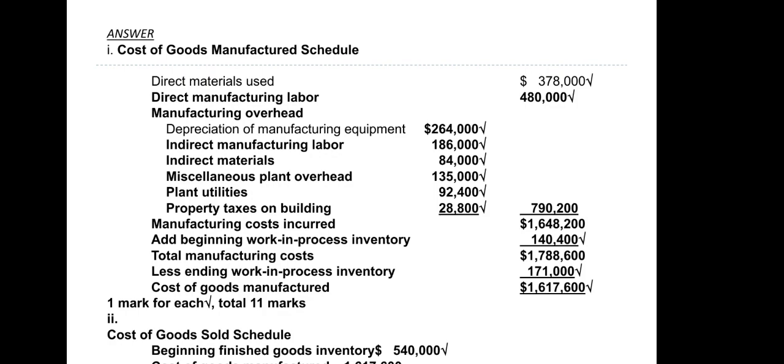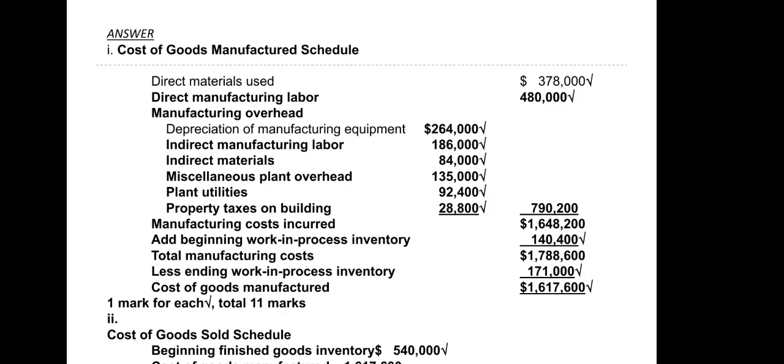These are the manufacturing overhead. The total manufacturing overhead is equal to 790,200. So direct material cost plus direct labor cost plus overhead cost equal to manufacturing costs incurred, $1,648,200.